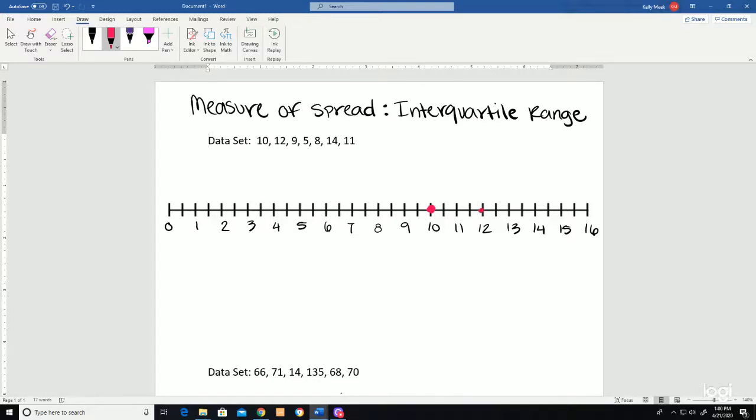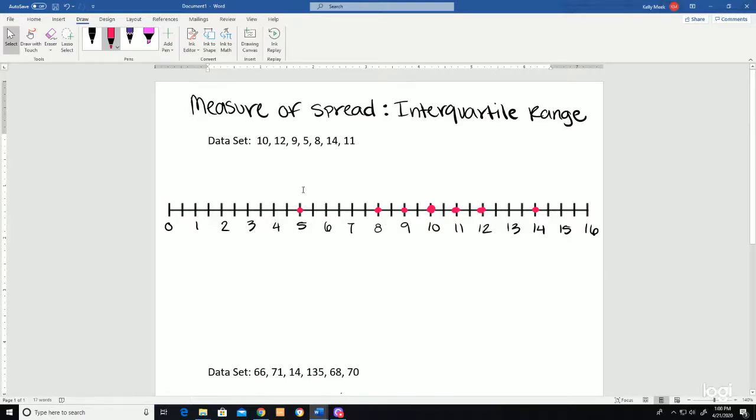We have one at 12. We have one at 9, 5, 8, 14, and then 11. So you can see all of our data points now. Notice that a lot of the data is right here between 8 and 12.